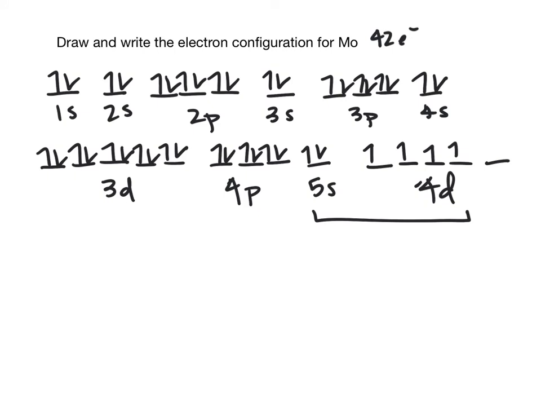So it turns out that we are going to promote the electron out of the 5s to give us 5s1 and 4d5, because this is lower in energy. If everybody has their own seat, then it is lower in energy than anyone sitting together.